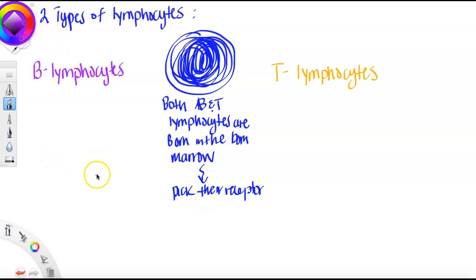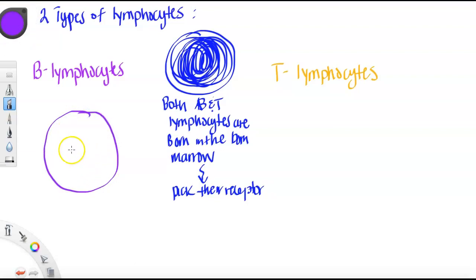So in a B lymphocyte, so here's my B cell, right? And the B cell, their receptor is actually an antibody. Crazy. So there are these little antibodies that are all over the plasma membrane. And they stick right out of the membrane here.